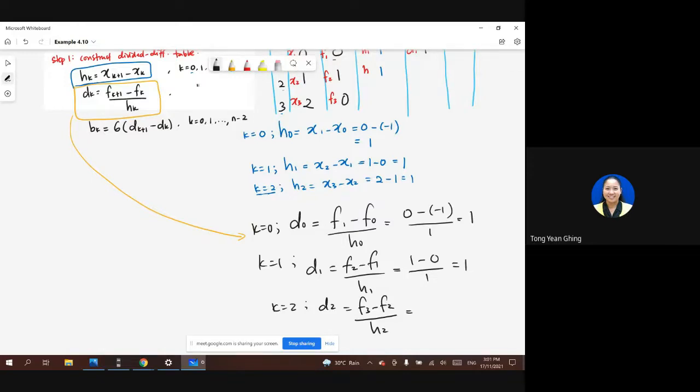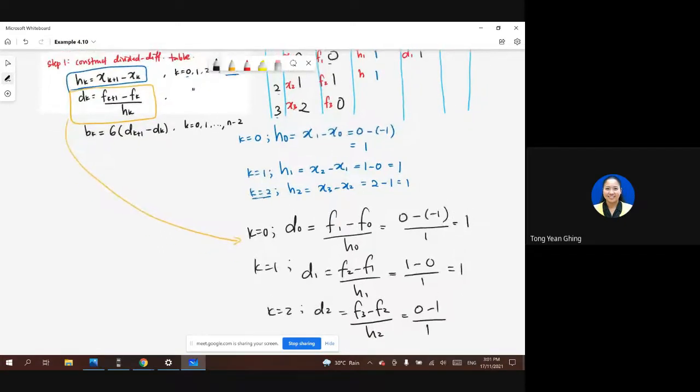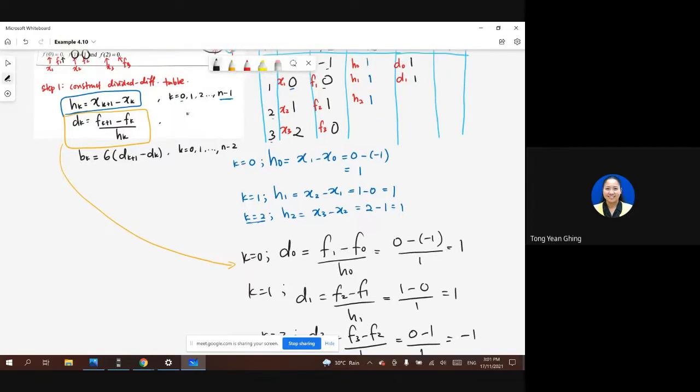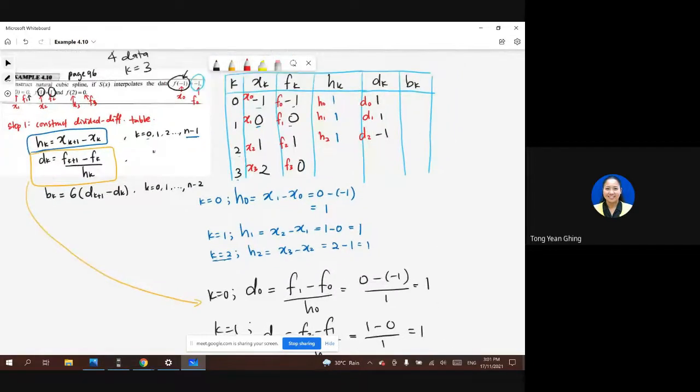So F3 is 0 minus 1 divided by H2 is 1. This is H2. So it becomes negative 1. So this one is negative 1 and this is D2. Okay. So and then we are done.